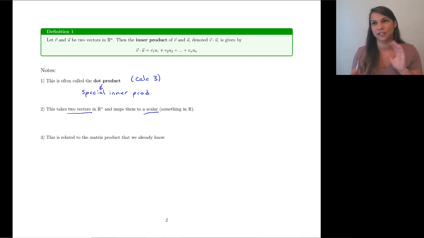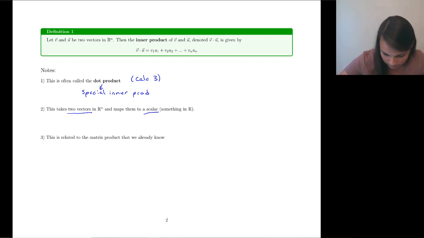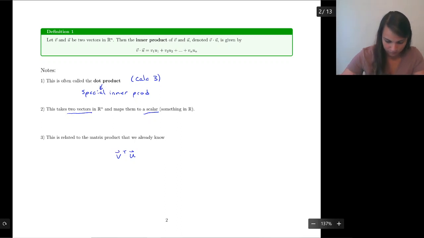This is related to the matrix product that we already know. See, if you do V transpose times U, I think I put the transpose on the right one. Let's see. U is an n by 1. That means the transpose would be a 1 by n.